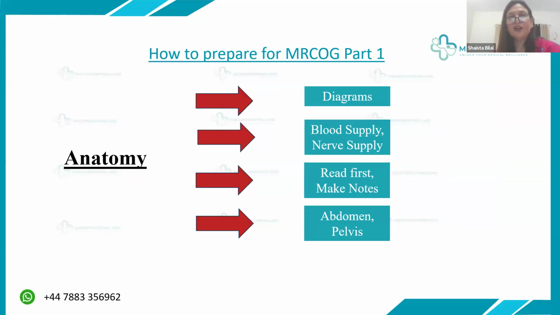Now we will go module-wise on how to prepare, starting with anatomy. Passing marks depend upon the percentage. This is not the exact minimum you will get. If more students score higher, then only the upper 20 or 30% will pass.